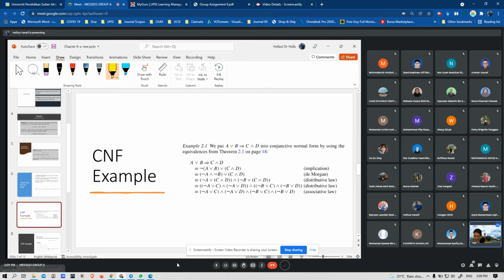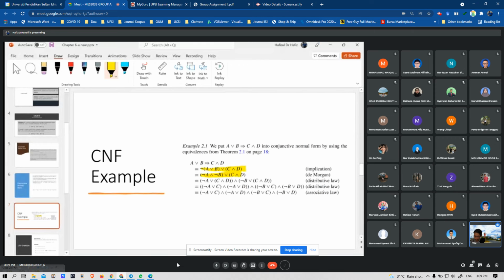Here, implication. Then we put the negation into the bracket for De Morgan's law, and then we go by the associative law for steps 2 and 3, and then finally the associative law.